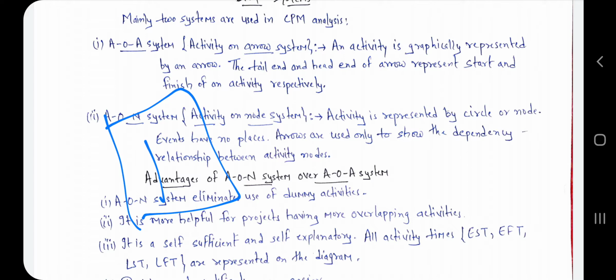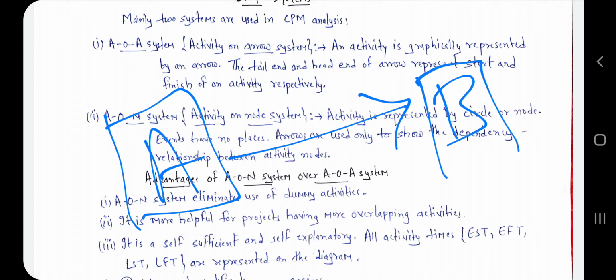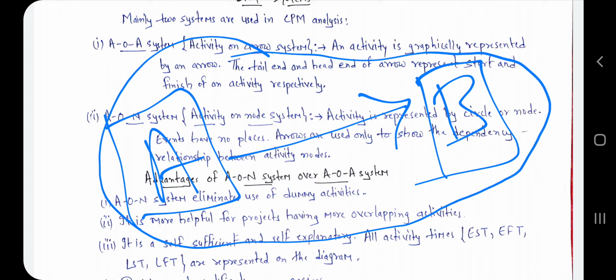Here this is the way we use activity on nodes. Means in this, the event is neglected. This is the activity part only, and the arrow is used for the dependency relationship between the activity nodes. Means A depends on B.